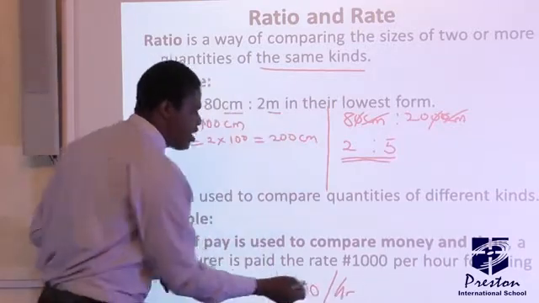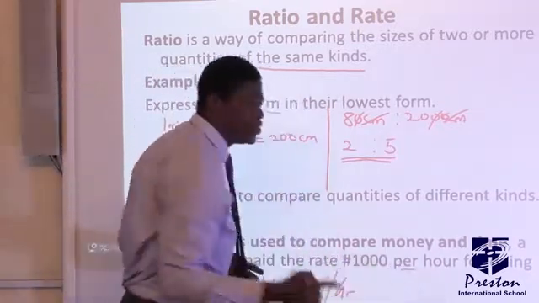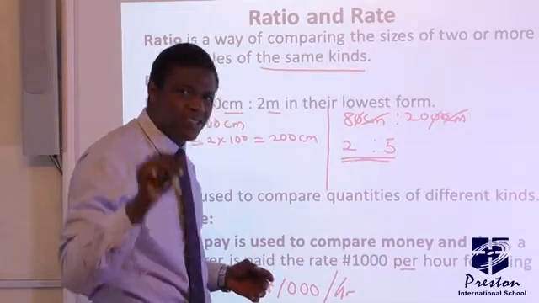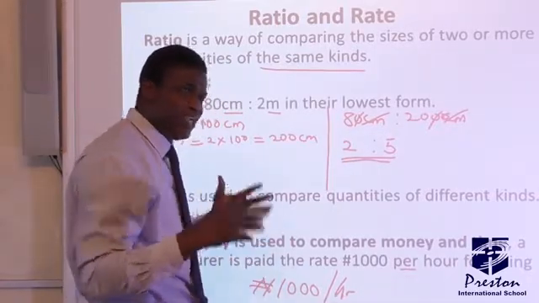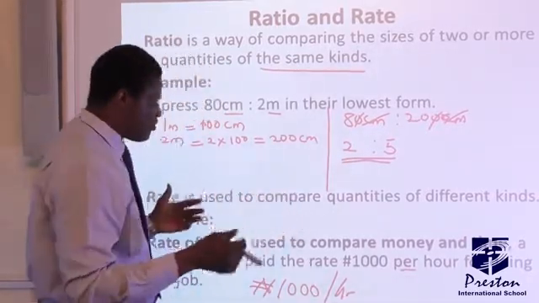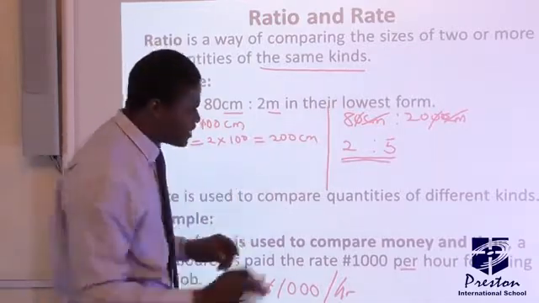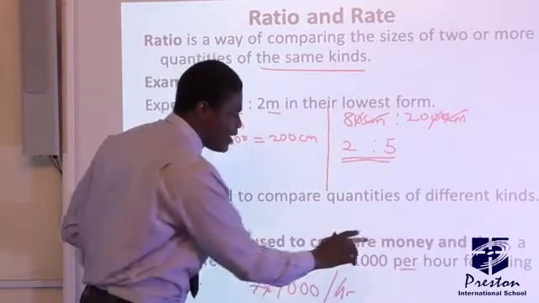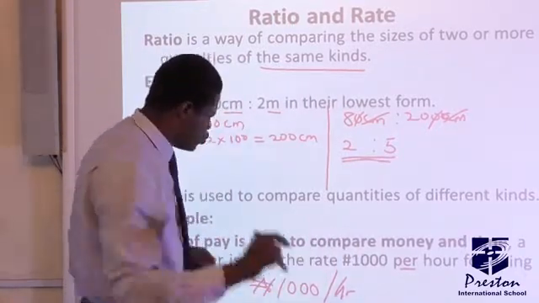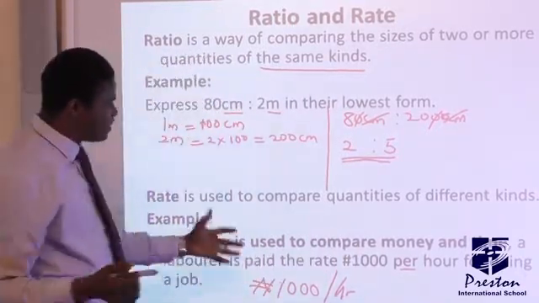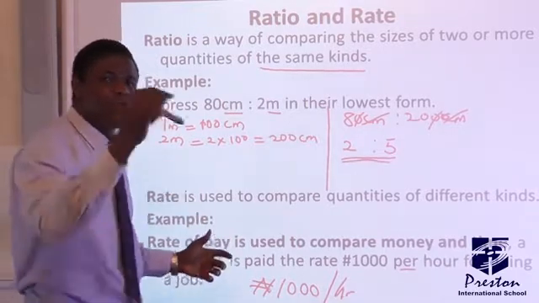hour. And anywhere you have this word per, the next thing that follows is 1, except otherwise stated. For instance, when you are dealing with debt rates, you can talk about 20,000 per 10,000, 20,000 per 1,000. But anytime you are not giving any value after per, it's telling you that you have 1. So what this one is saying is that 1,000 naira in every 1 hour.